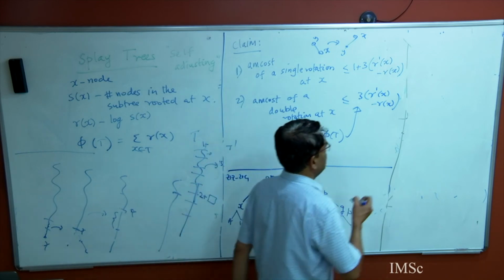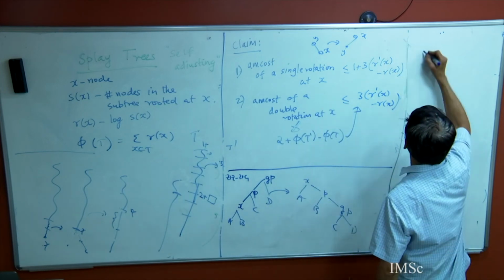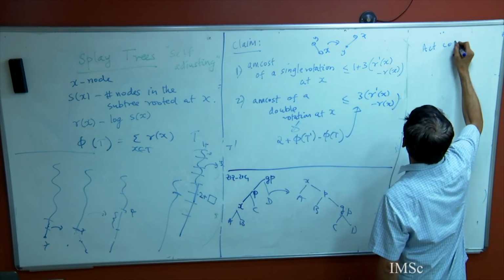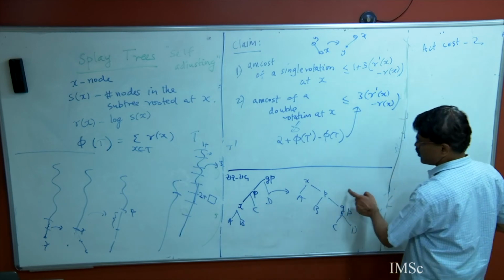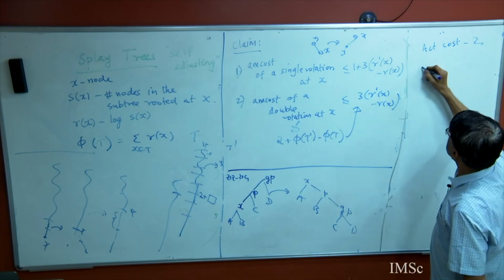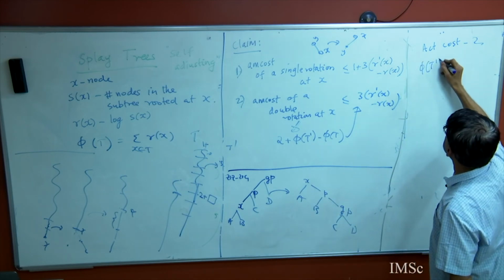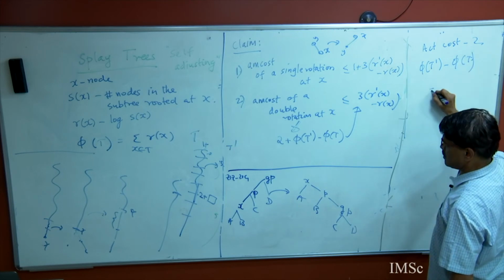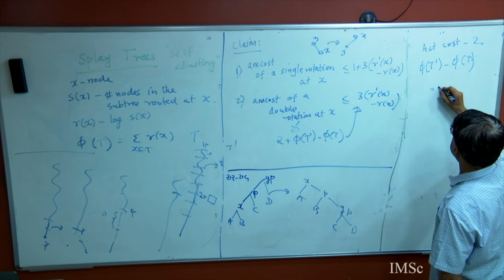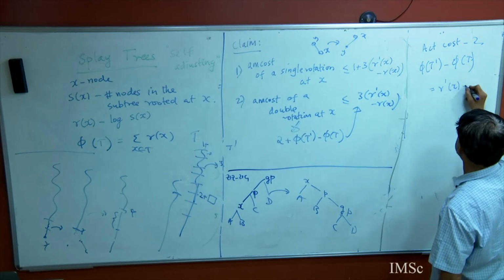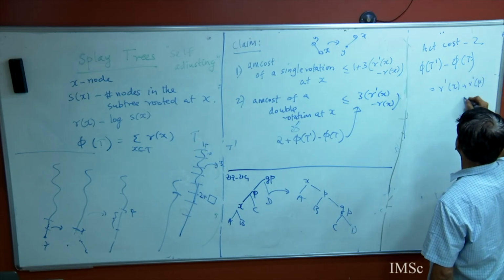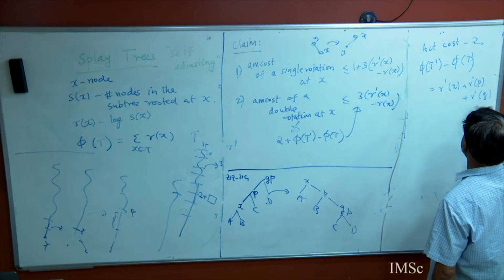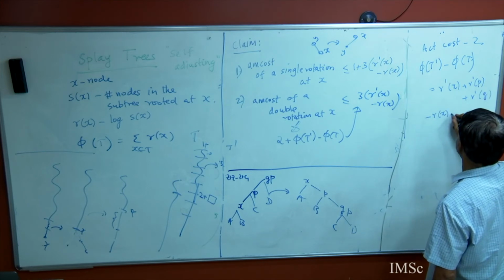Okay, so let's look at this. So again, actual cost is 2 because I'm doing 2 rotations, and potential difference is r prime x plus r prime p plus r prime g minus r of x.